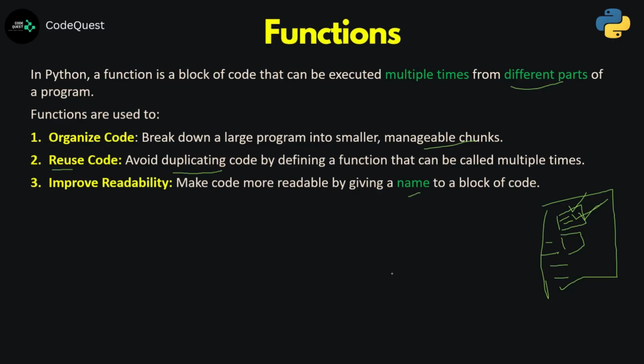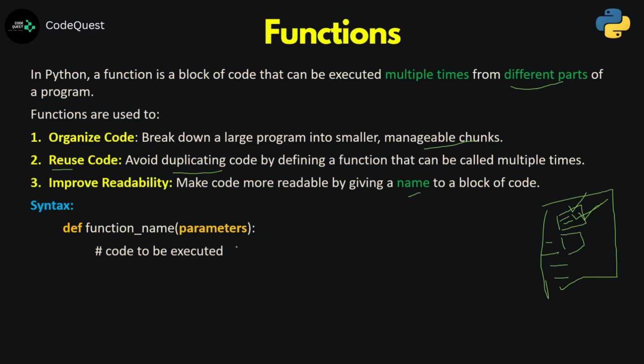So let's see how exactly we define a function. The syntax is we start with the keyword def followed by a function name, and within brackets we can write optional parameters. This can have parameters, and it may not have parameters also.